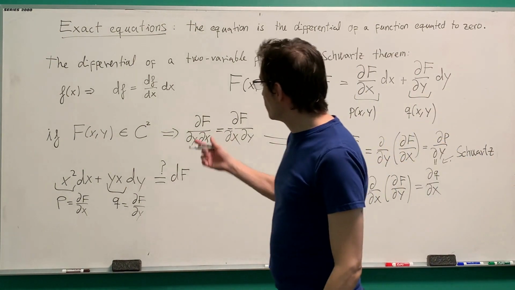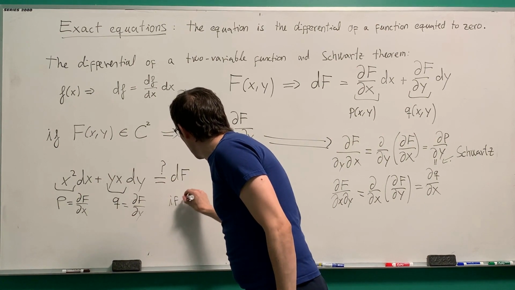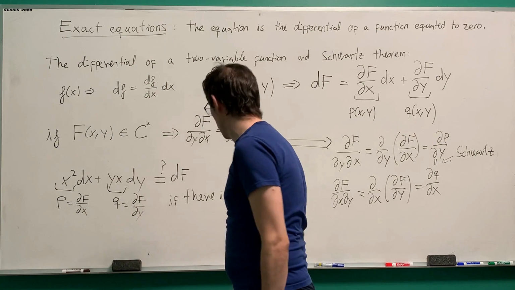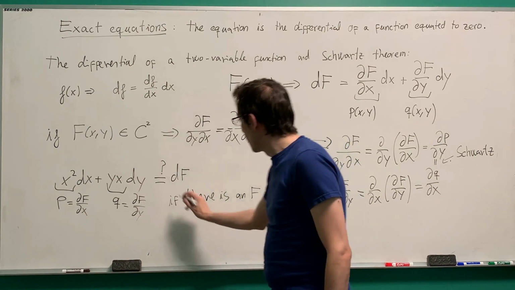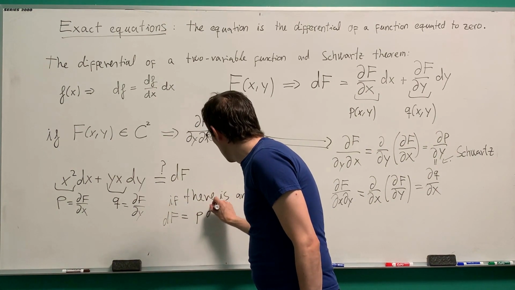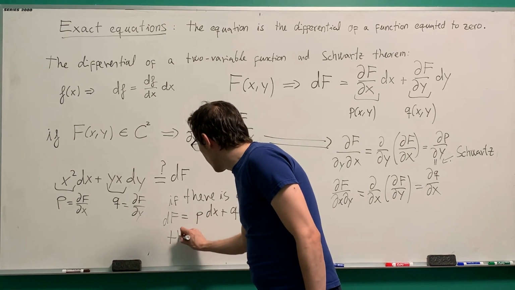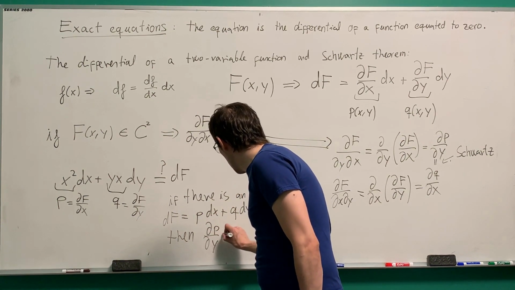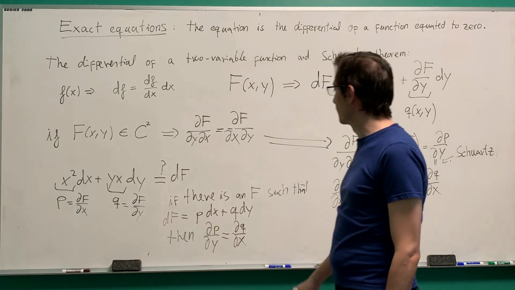But if that is true, then Schwarz theorem tells me that if there is an f such that df is equal to p dx plus q dy, then it has to be satisfied that partial p, partial y has to be equal to partial q, partial x.